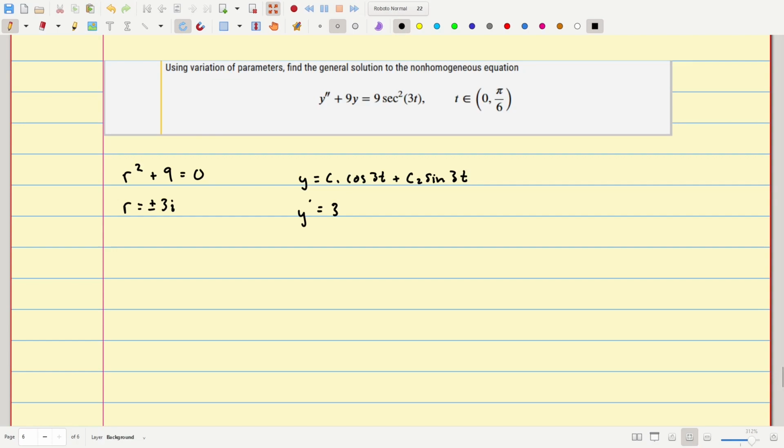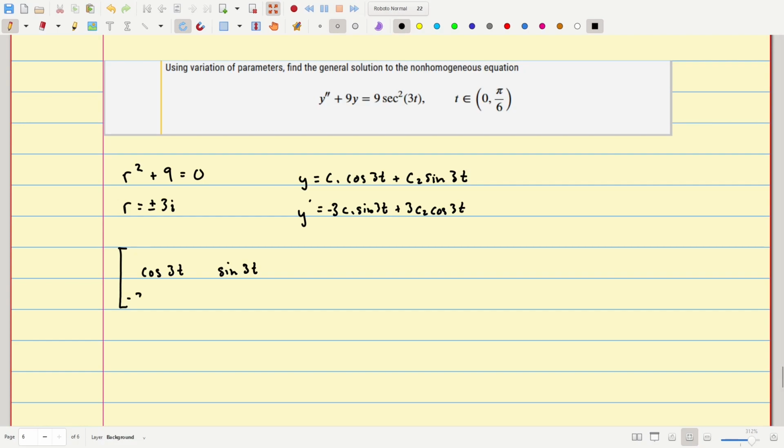The derivative here, of course, is very easy to compute. And we set that up so that we can know what our matrix equation is going to look like. We're going to have cosine 3t and sine 3t.